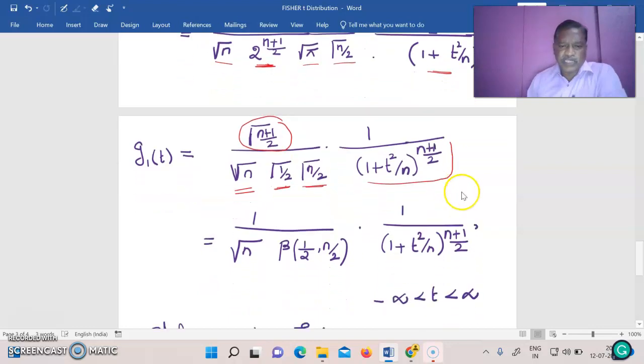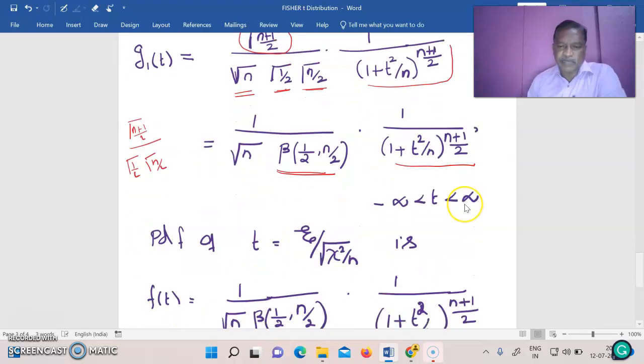So gamma of (n plus 1) by 2 divided by gamma 1 by 2 into gamma n by 2 is nothing but 1 over beta of (1 by 2 comma n by 2), multiplied with 1 divided by (1 plus t square by n) power (n plus 1) by 2. The range of t we already obtained: minus infinity to plus infinity.